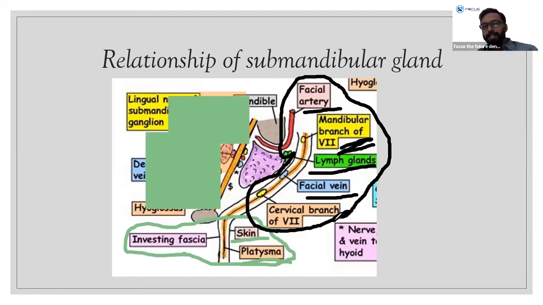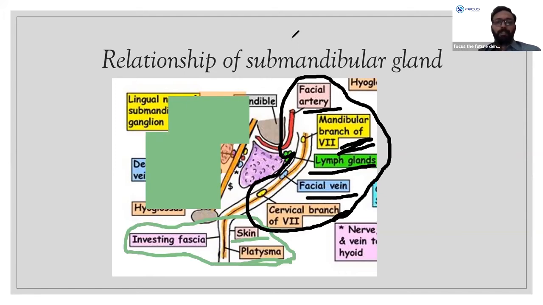So everything related to facial. You have a facial artery there, a facial vein there, and the mandibular and cervical branches of the facial nerve. That makes your study very easy. You just have to remember the facial artery, facial vein, facial nerve, and lymph glands, most probably facial lymph glands.